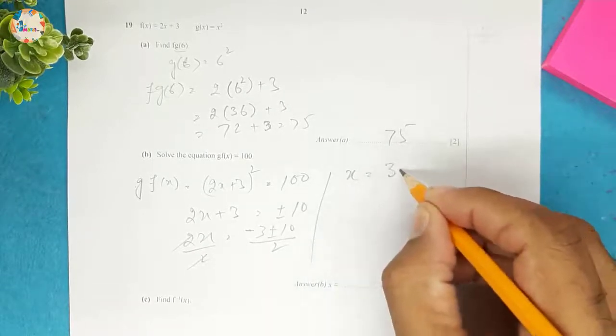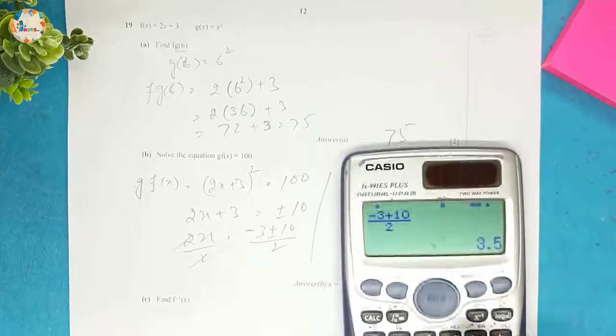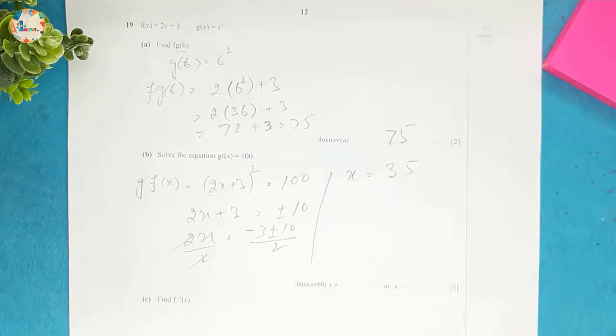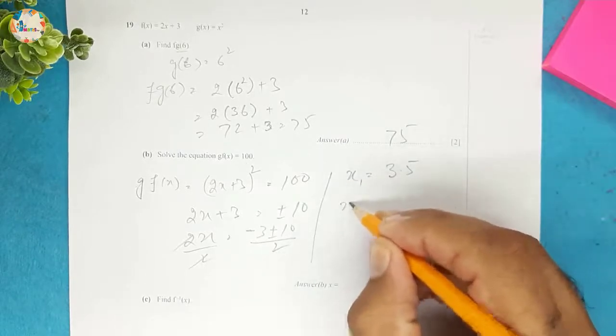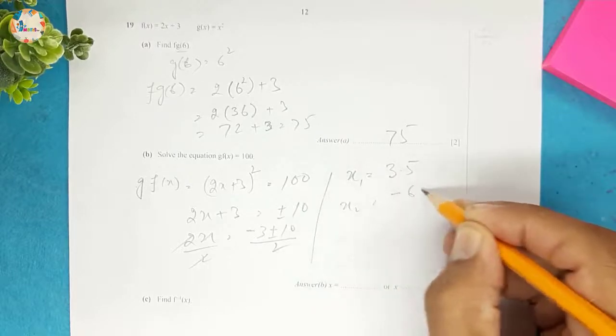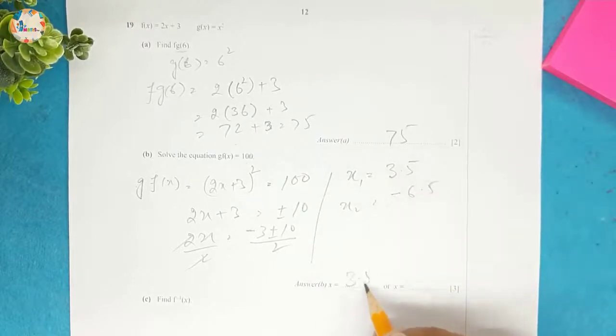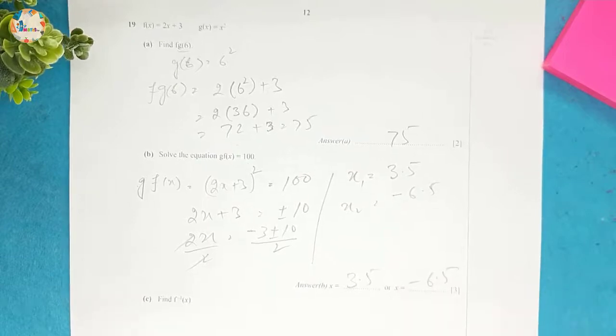Or we can take negative over here, so this will be equal to minus 6.5. So we can write here x1 value, x2 value will be minus 6.5. So 3.5 and minus 6.5, these will be our answers.